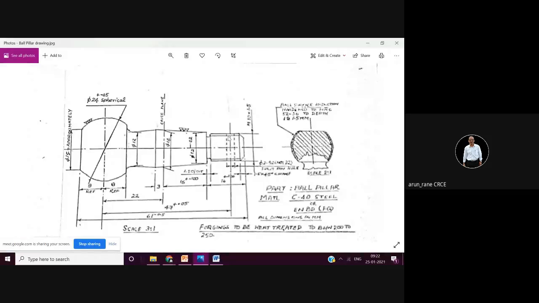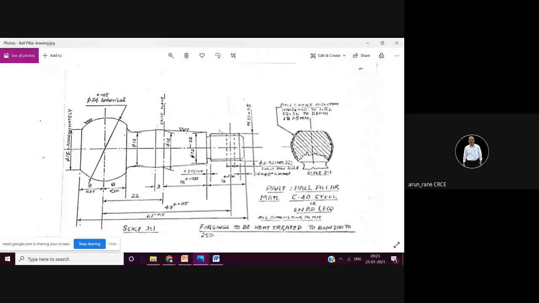Second, on CNC lathe, if you do the threading, it requires minimum 6 to 7 passes, plus idle passes to get a good finish. So altogether there will be at least 8 to 9 passes. These 8 to 9 passes for this threading length of 14 will take at least 50 to 60 seconds, or let's say 1 minute, considering the tool indexing and homing, etc. So minimum 1 minute it is going to take.